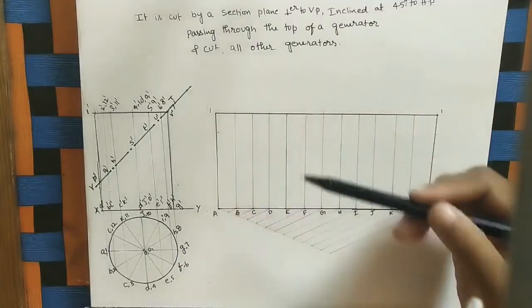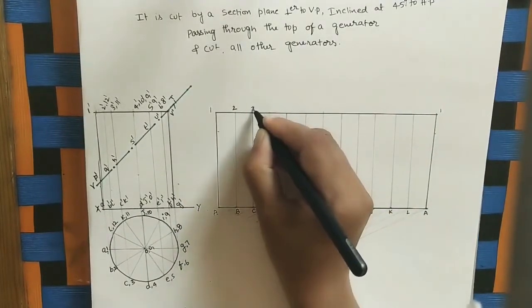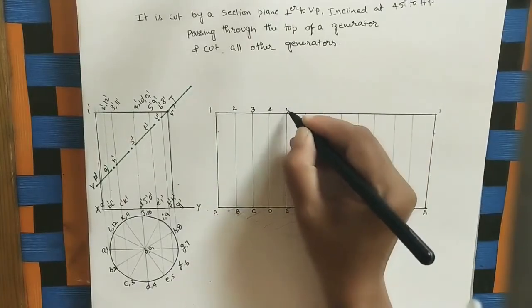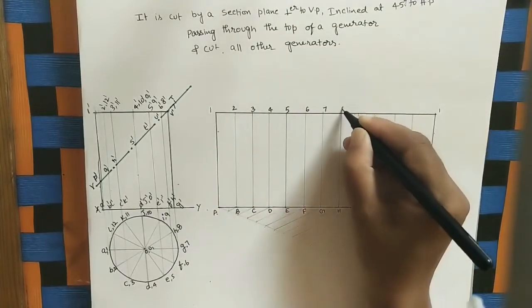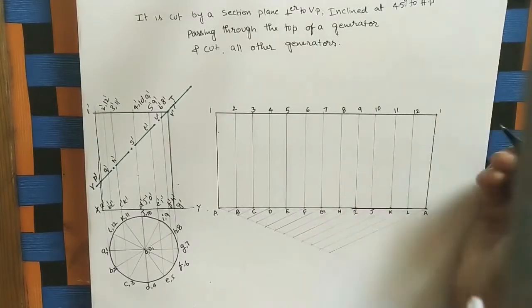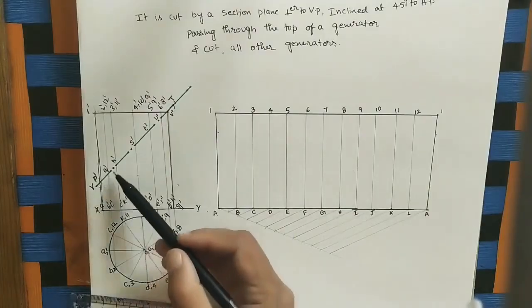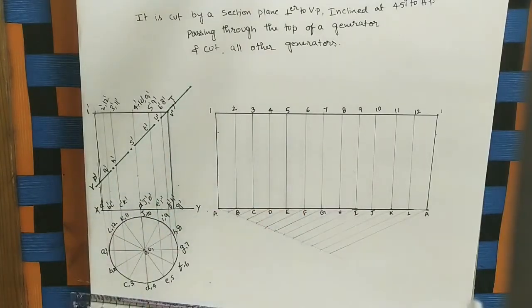Here these are the generators. For A we are marking 1. For B, take this is 2, this is 3, 4. This is 1.